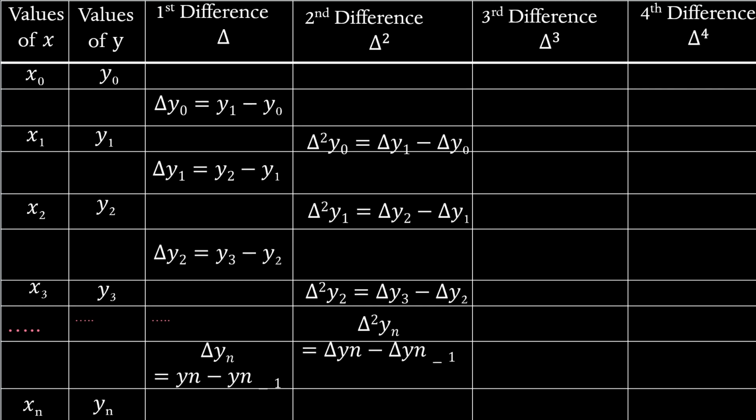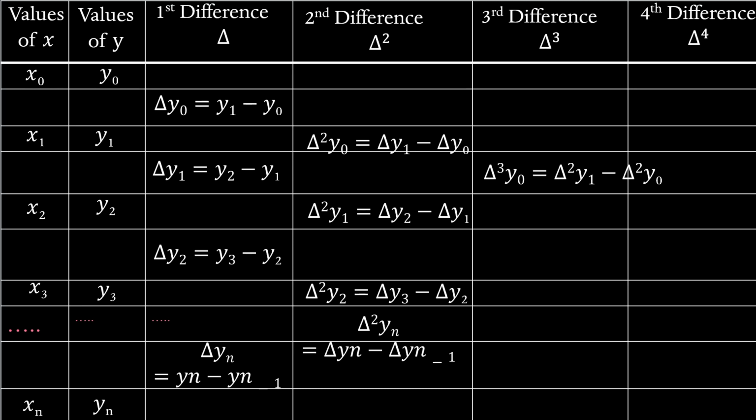Then next, moving on to the third difference. The third difference will be delta cube y0 is equal to delta square y1 minus delta square y0. Since in this one the space is less, that delta square y0 has come to the next column.